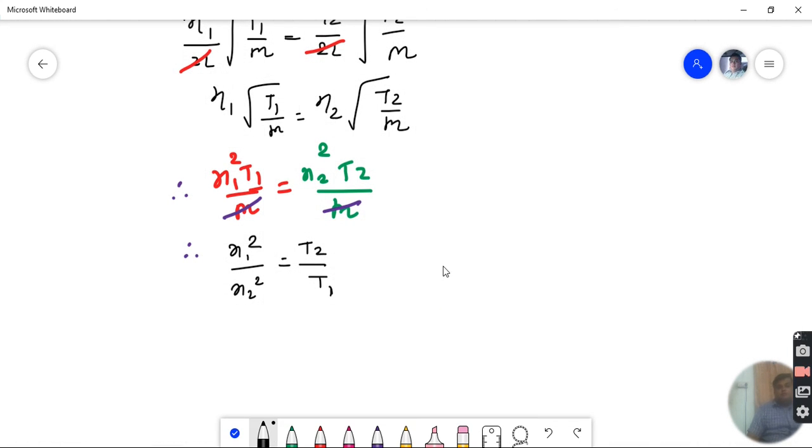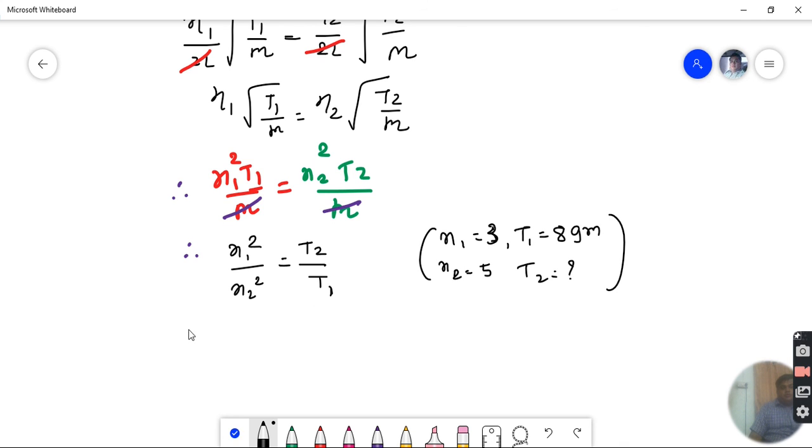But n1 equals how many? According to this equation, n1 equals 3 and n2 equals 5, where T1 equals 8 gram and T2 is what we find.